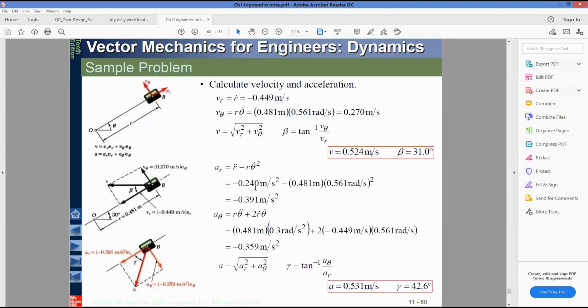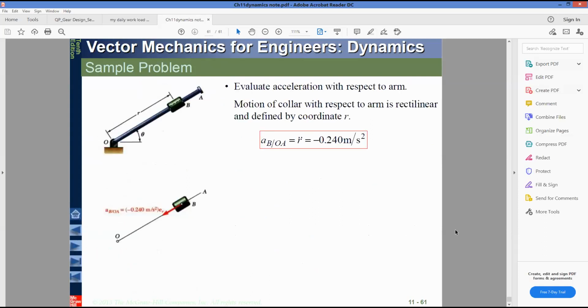It means only this component, only the collar movement, which is along this OA path, so that is r double dot only. Remember this thing, only r double dot they need to find out. So that's why it is minus 240, and that will come into the picture here. Only in this direction, we have to write out only that acceleration, for the collar case only.